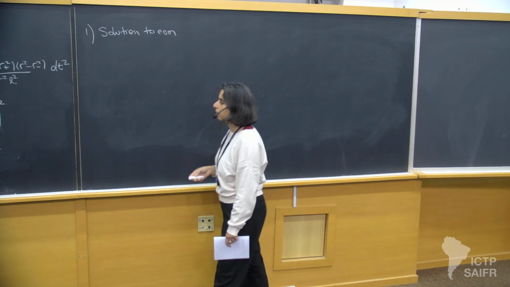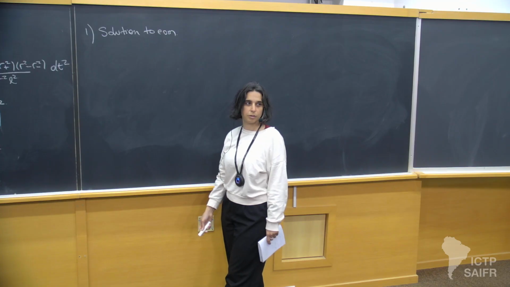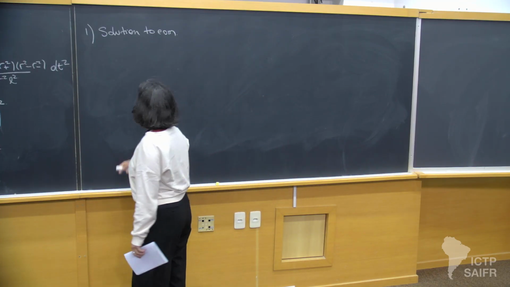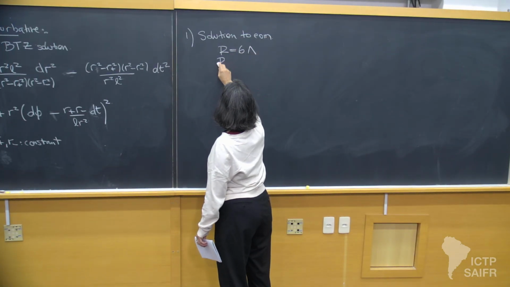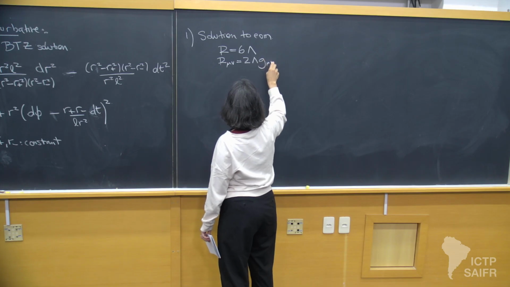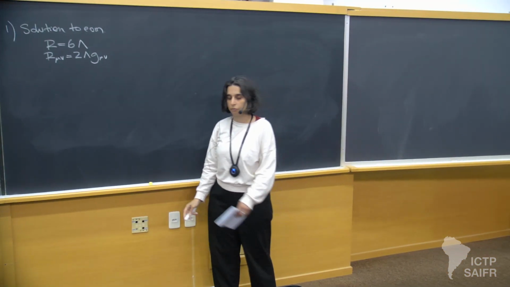In the problem sheet, it's like the first thing that I ask you, check that this thing is a solution to the equations of motion, and it is. So we'll have that R was equal to 6 times lambda, and R mu nu is equal to 2 times lambda G mu nu. Okay? So it's a solution of our equations of motion. First statement.